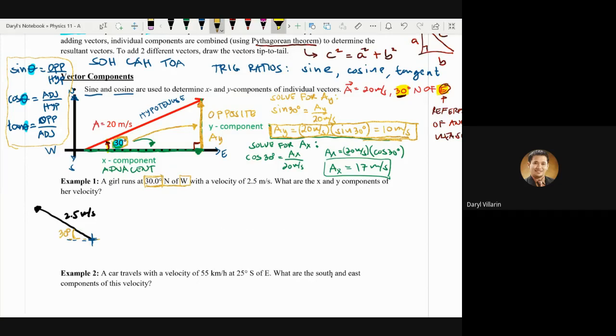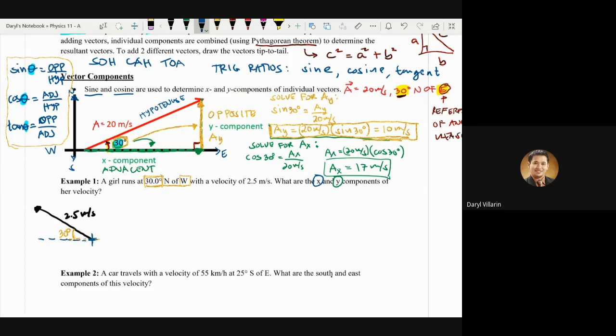Now we want to get the x and the y, so the x component and the y component. In this particular case, the x component is just the same thing as the tip of the vector towards the x-axis.